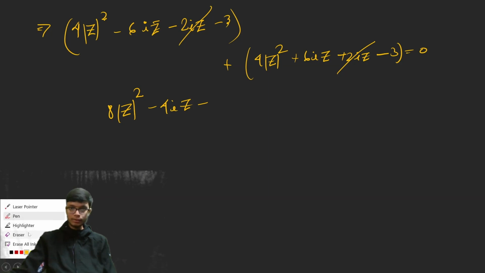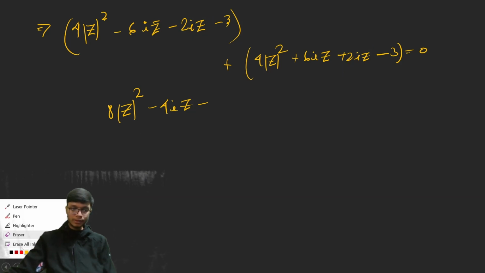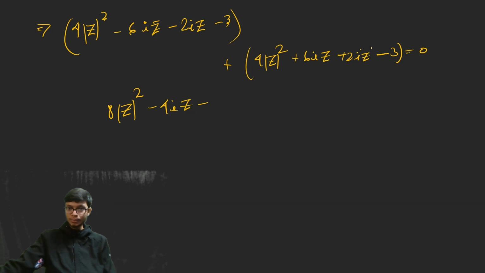Am I doing it right? Oh, sorry, I forgot to put the bar over there, and that's why I was getting wrong answers. So there is a bar over here. That will make it 4 iota z bar, minus 4 iota z. So there is a problem that actually happens in an examination situation.